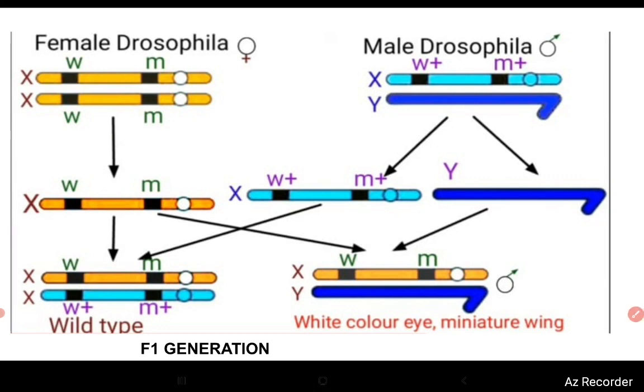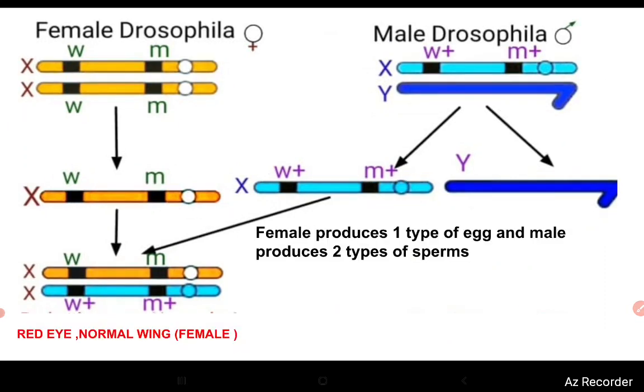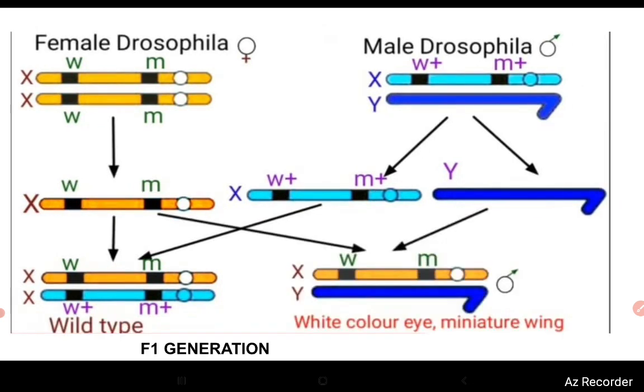And when Y is crossed with X, the combination is white eye with miniature wings.